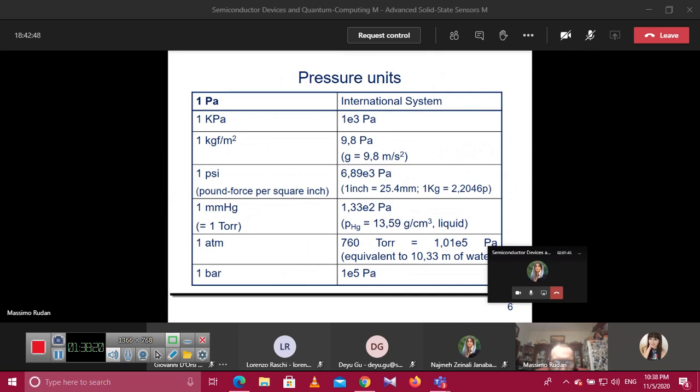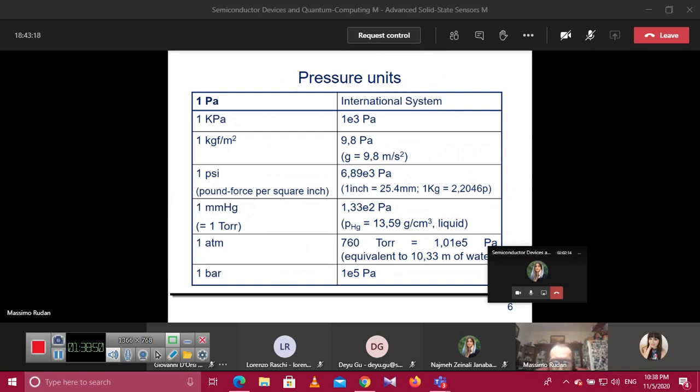It is implied that the mercury must be liquid, so that the density of it in the liquid phase is, as shown here, 13.59 grams per cubic centimeter. This is the density of the liquid mercury.